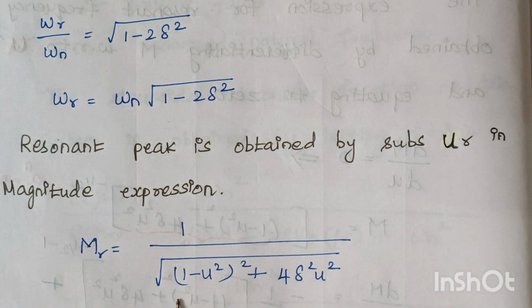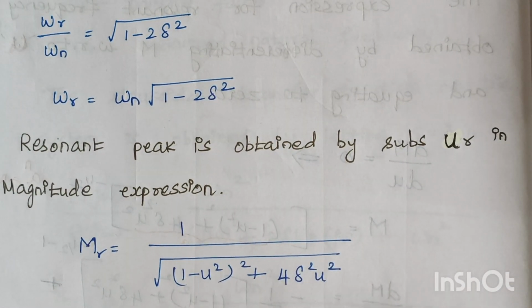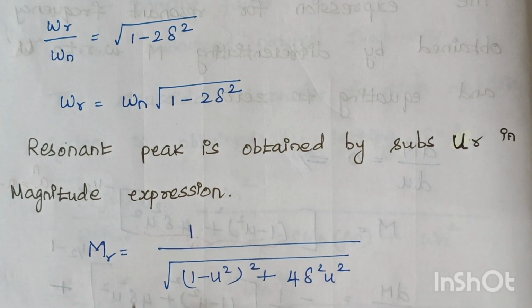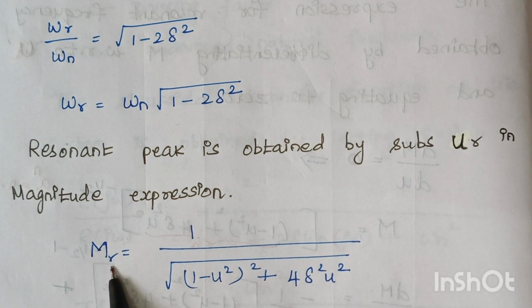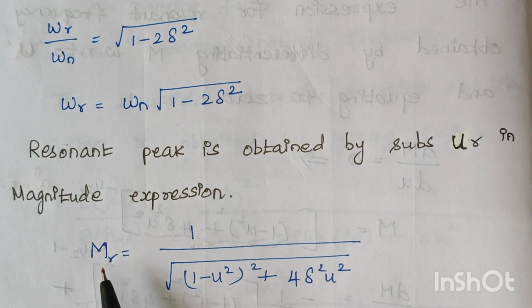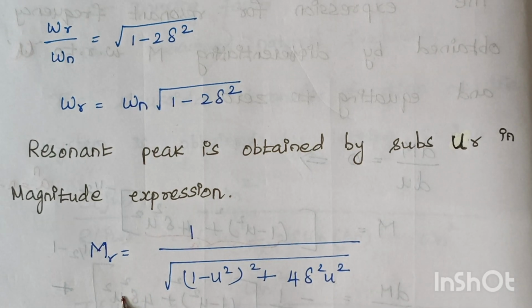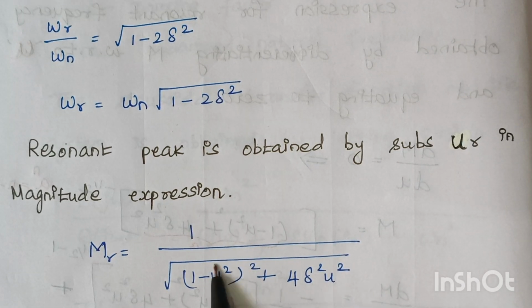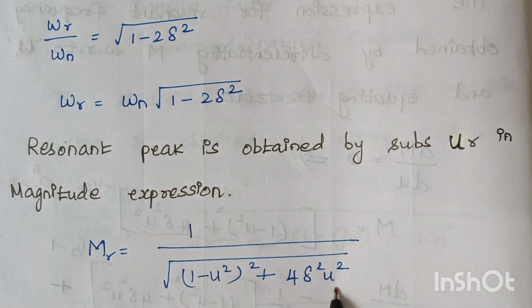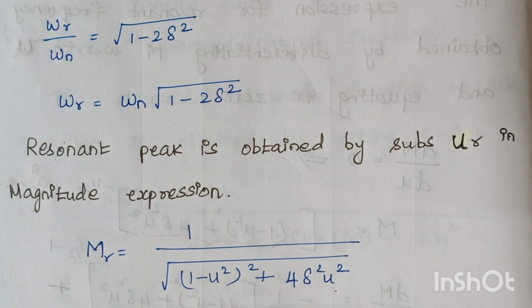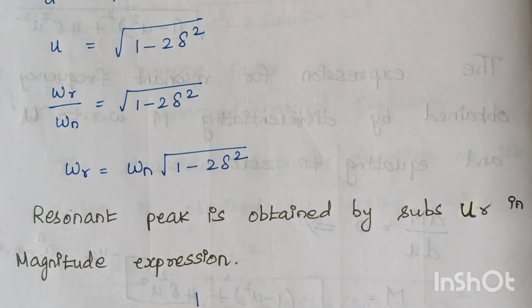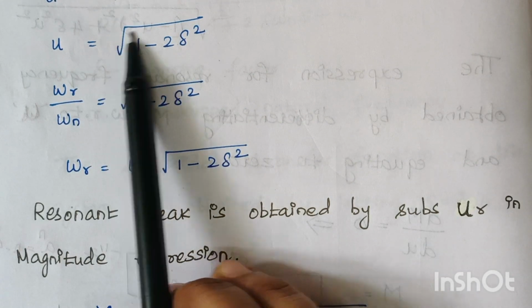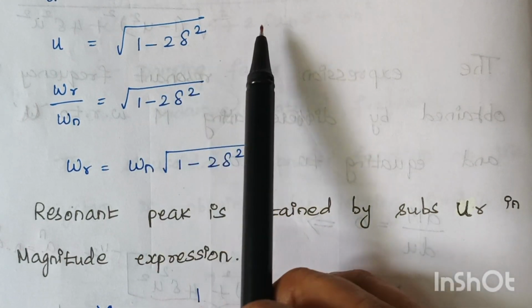This is our basic expression for a magnitude. Since I am calculating the resonant peak, here I am writing MR, okay? The resonant peak magnitude, this R denotes resonant peak magnitude. So in this case, I am going to substitute the values of u here, right? So what is the value of u? You see the value of u is square root of 1 minus 2 zeta square.